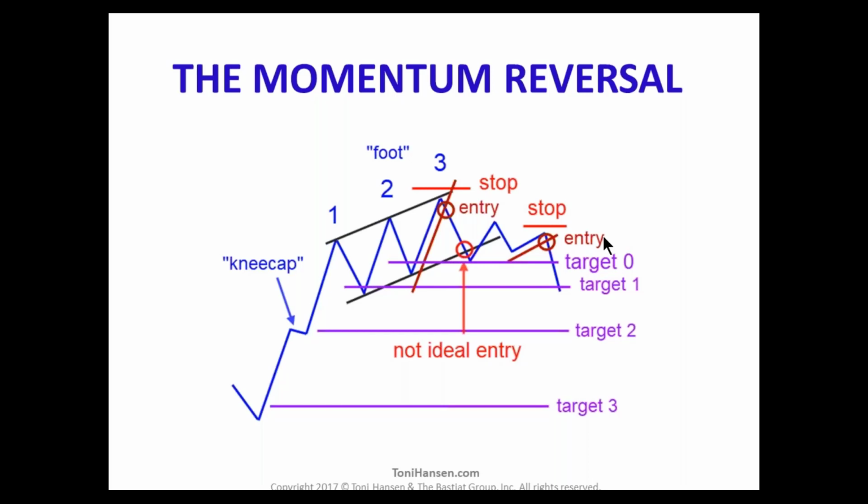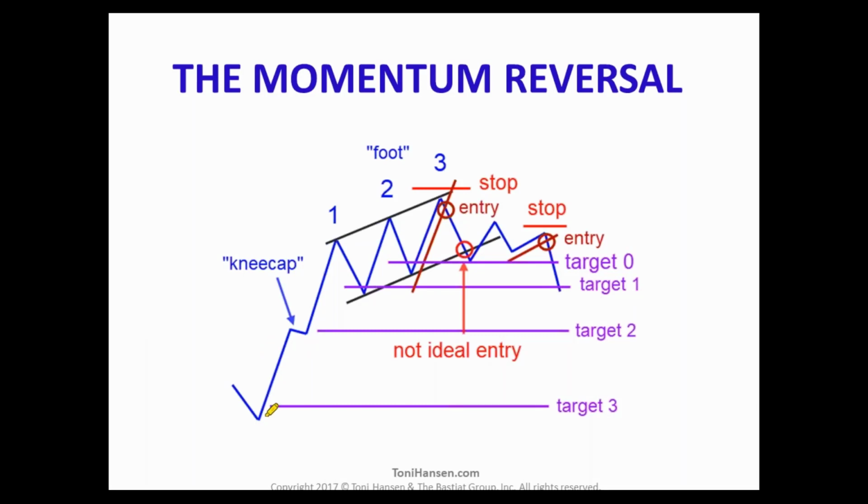So when we look at this strategy from the point of view of a reversal strategy off of highs, these are the things you need to take note of. With a momentum reversal, what I'm looking for is basically to think of this pattern like a leg.